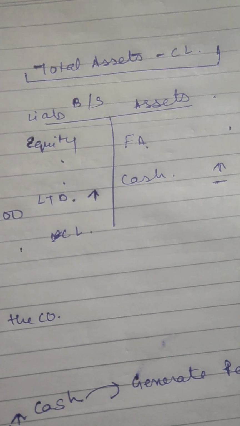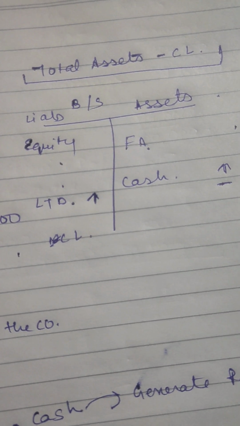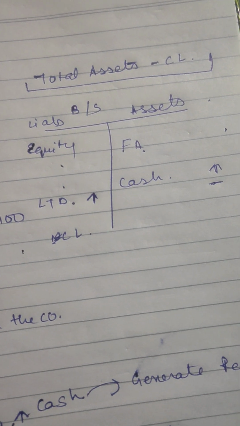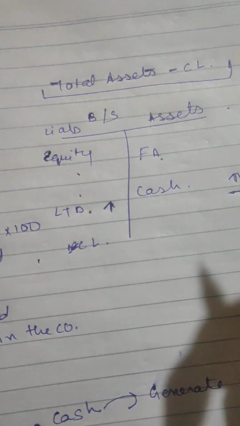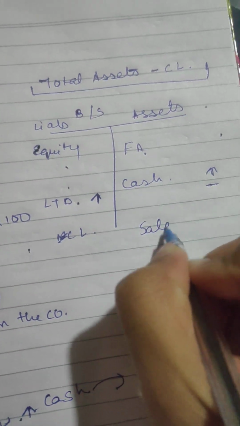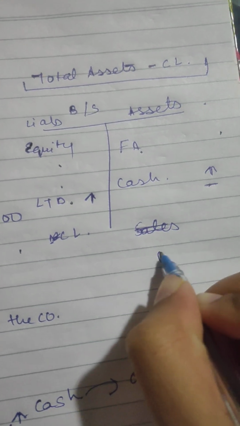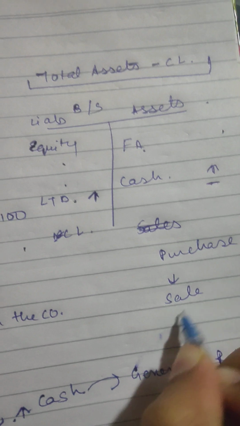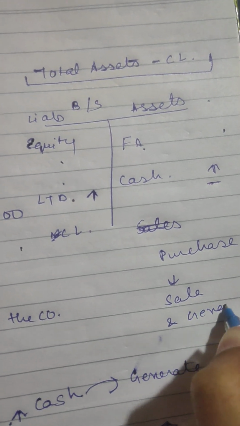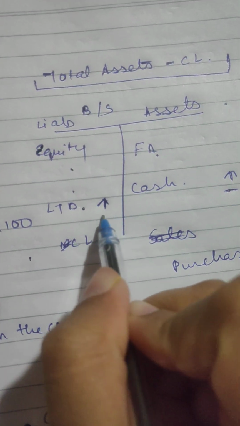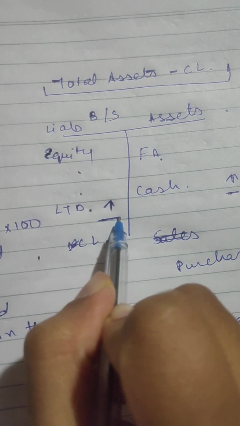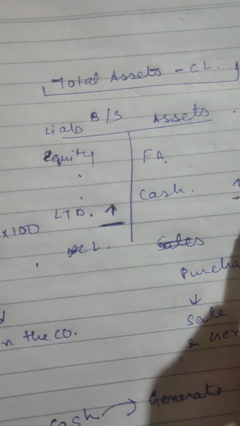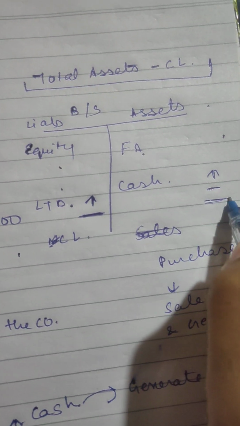Either we will have cash in the first place, then we'll purchase a fixed asset, or we'll purchase some goods so that we can sell them and generate profits, right? So what is happening here is, if we give effect in long term debts, it also gives effect in cash.